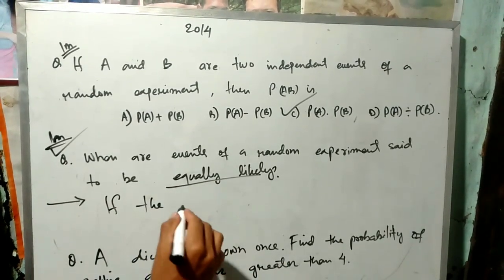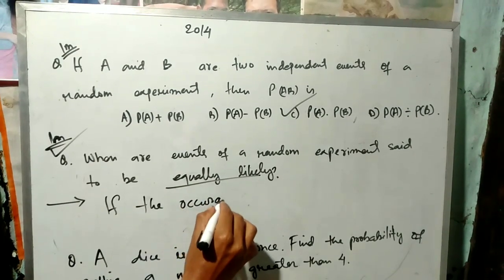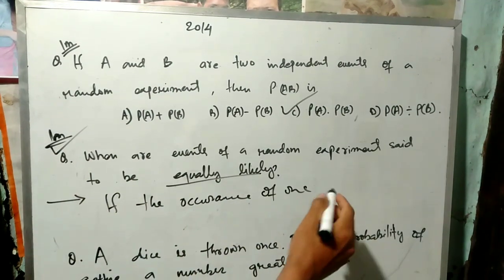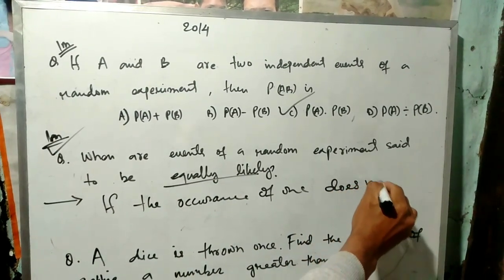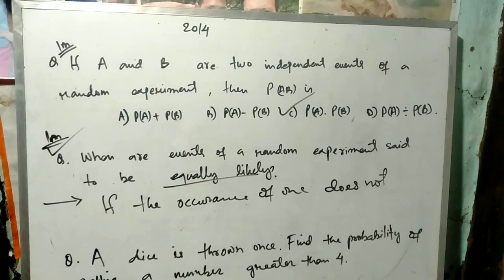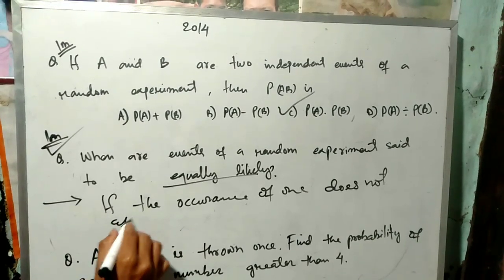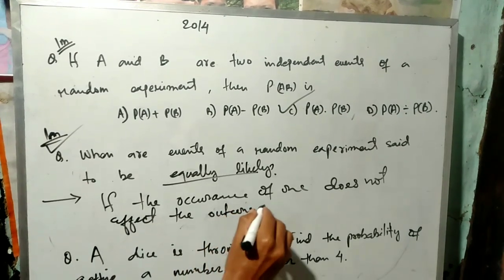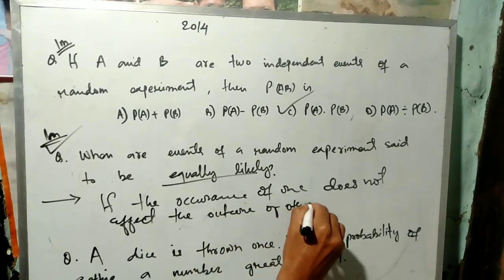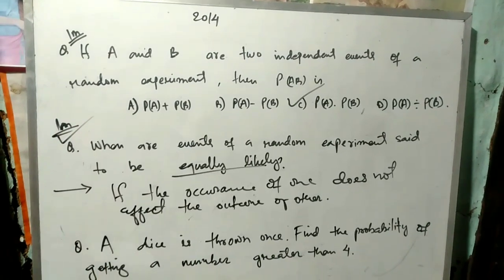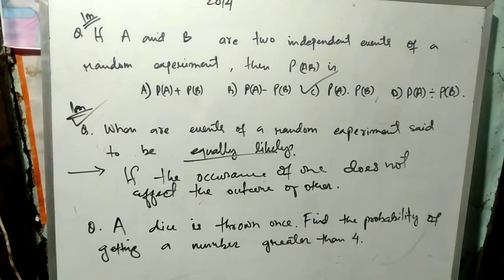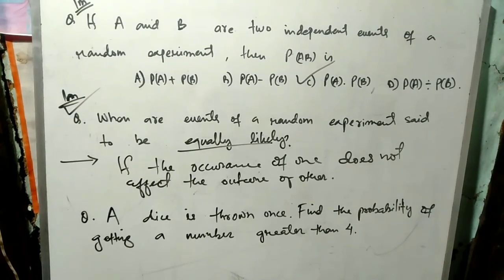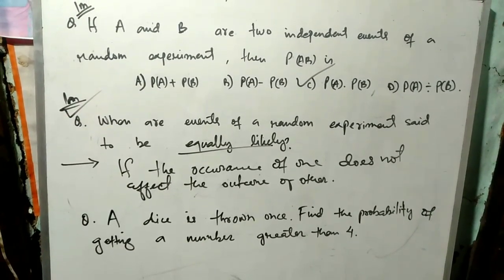the outcome or occurrence of one, the first outcome, does not affect the outcome of the other. If the first result does not affect the outcomes of the other, this is called equally likely events.